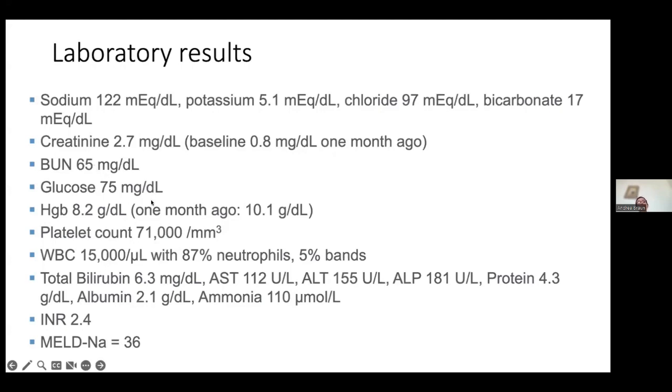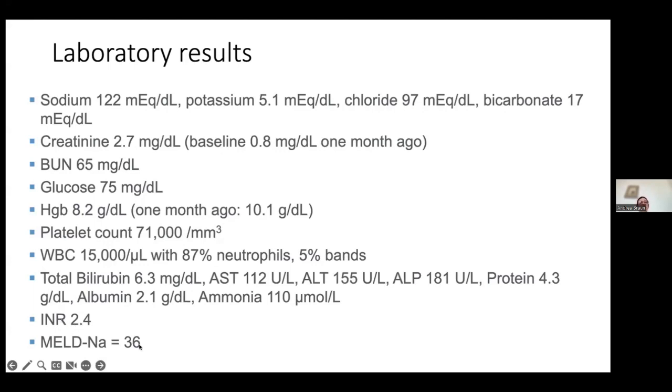Glucose is 75, so it's lowish normal. Hemoglobin is 8.2, down 2 points from a month ago. Platelet count is low, 71. White count is 50 with a left shift, 87% neutrophils, 5% bands. Bilirubin is 6.3, AST 112, ALT 155, ALP is 181, protein is 4.3, albumin 2.1, and his ammonia is elevated at 110. His INR is 2.4, elevated as well.